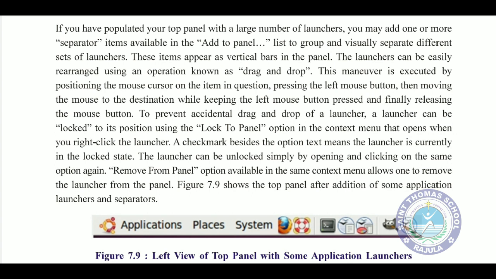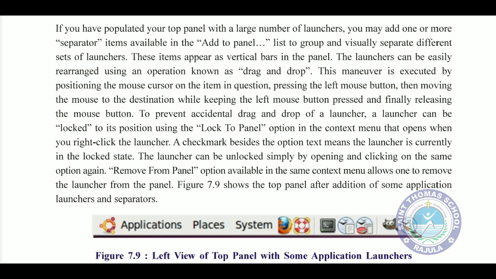Like this, we can add a separator with the help of the separator item available in the Add to Panel option. When you click on the Add to Panel option, you can add separators to separate the icons from each other with the help of vertical bars in the panel.